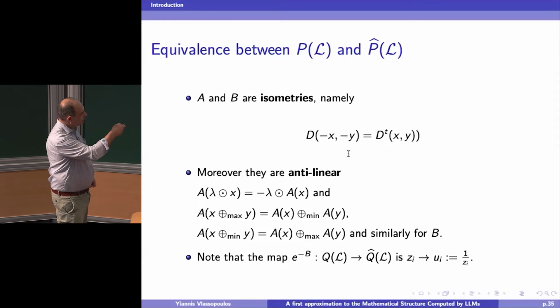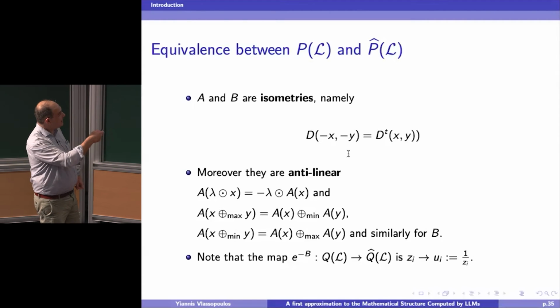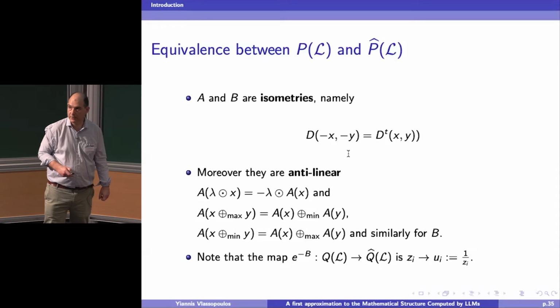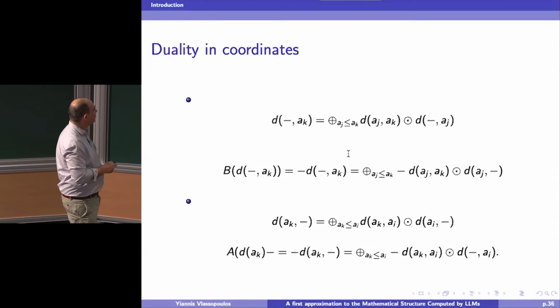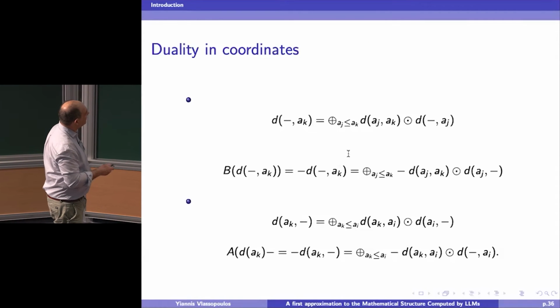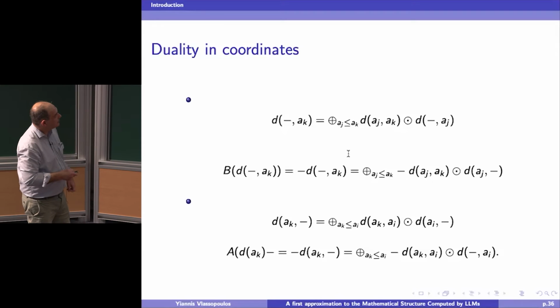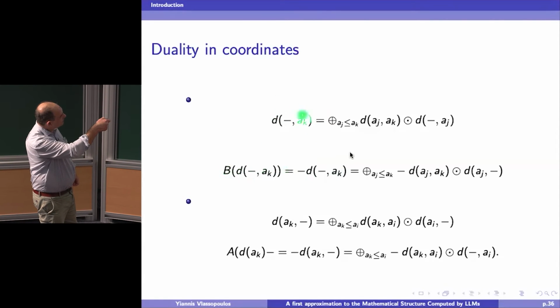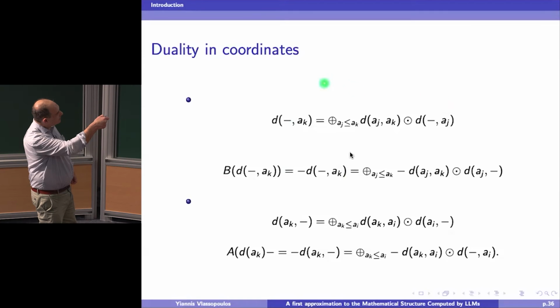The same story holds for Q of L, and in that case zi goes to 1 over zi. So there's a symmetry. Okay, and let me try to show an example of this. Oh yeah, and we can also write this down in coordinates. Before, I said that if I have a vector corresponding to some text, I can write it as a linear combination of all the texts it contains.